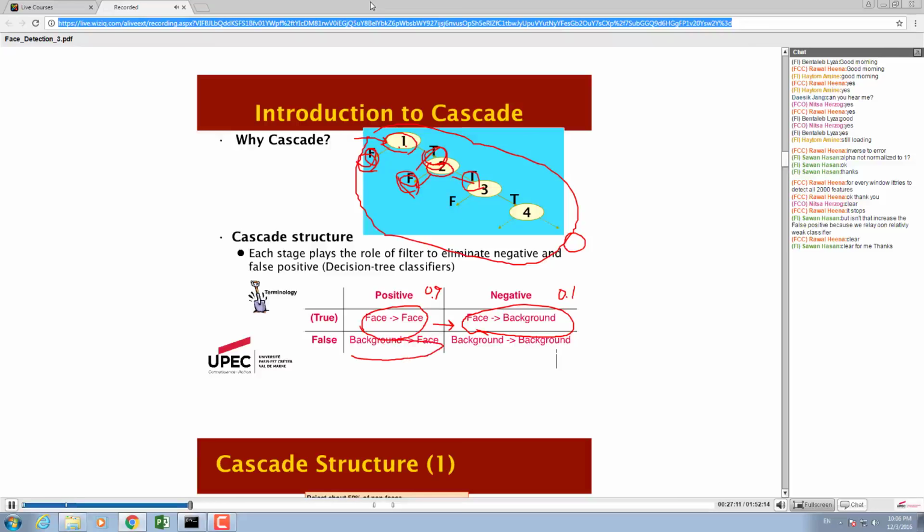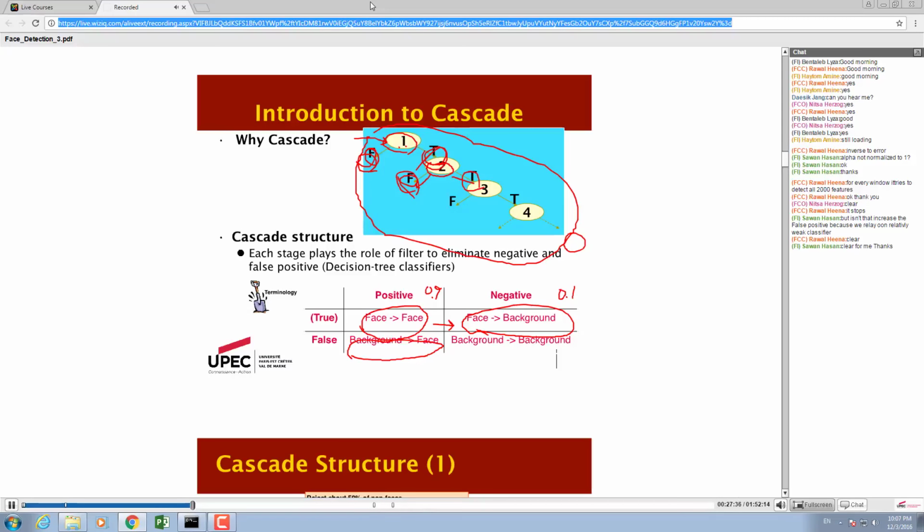False positive rate means something that is not a phase is mistakenly classified as phase. So the final goal of the final classifier is that we have to achieve very high true positive rates and very small false positive rates.